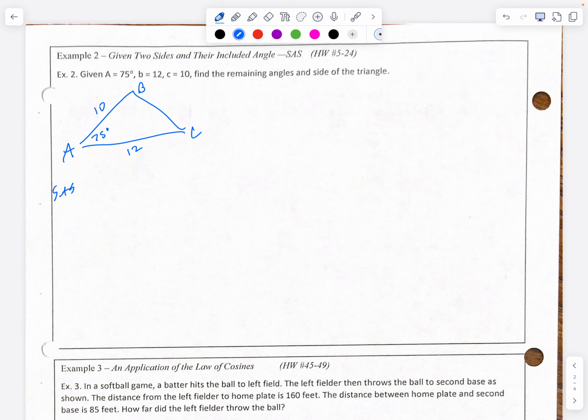And now you can find an angle using law of cosines again. You can switch to law of sines, but I just as soon stick with law of cosines. And because I don't find it hard. So say that I want to find the measure of angle B next. The cosine of B is, what is it? You take the two sides that include it, and you square them.